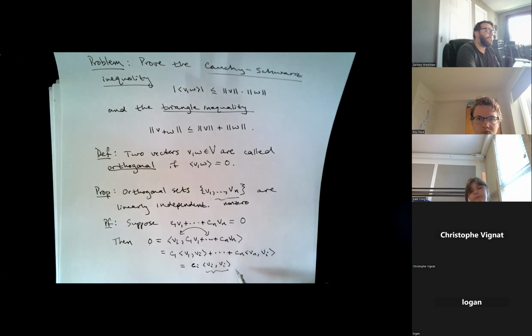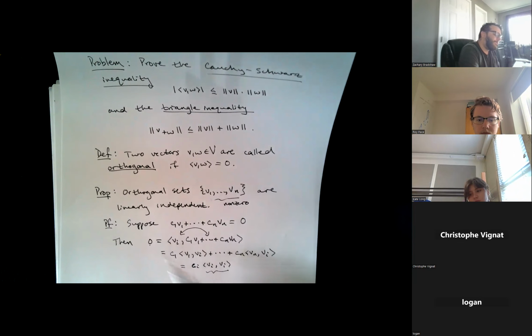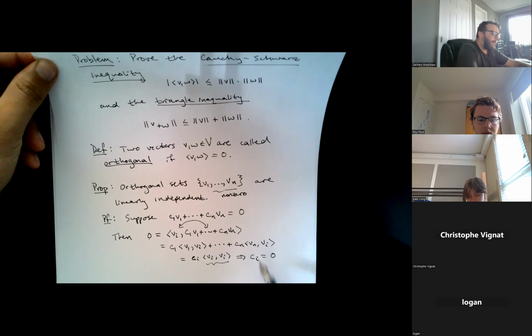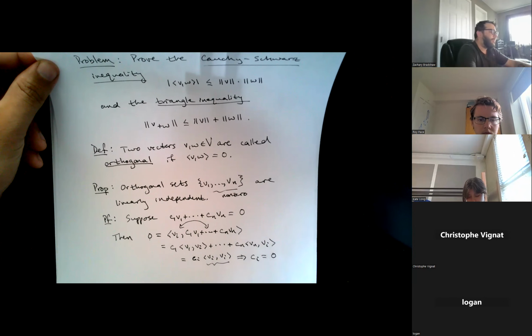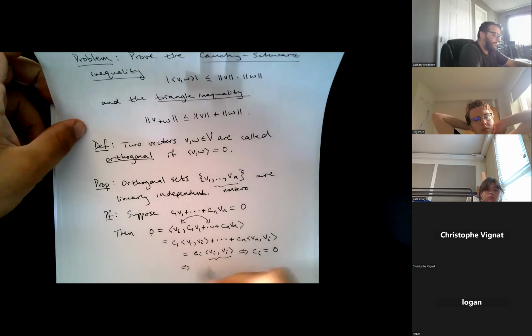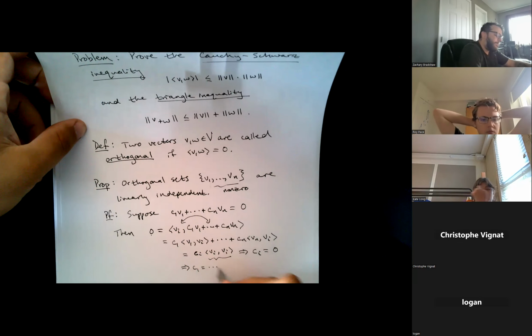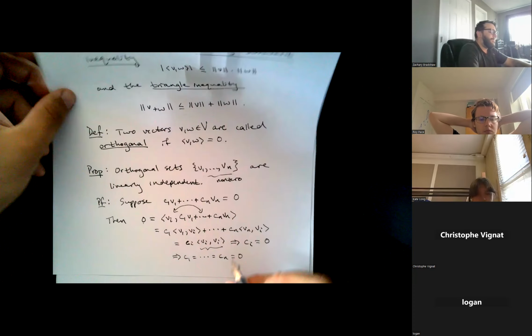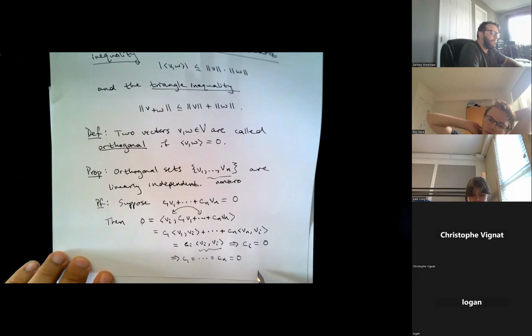It's greater than zero. So the only way for this thing to be equal to zero is if Ci is equal to zero. But i was arbitrary, so this is true for all Ci. So this implies that C1 through Cn are all equal to zero, and so our set is linearly independent.